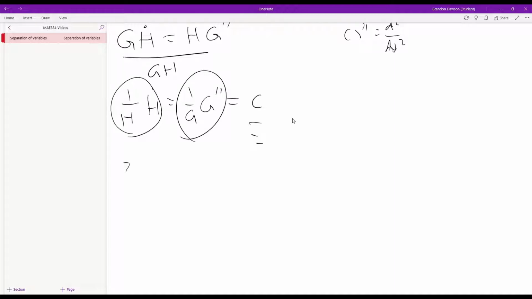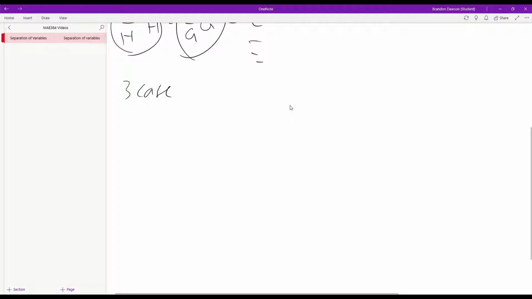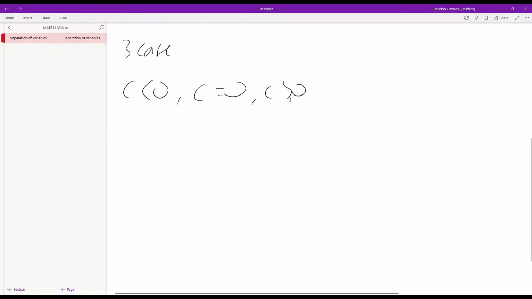So there are three cases that we're going to solve for. One is if c is less than 0, one if c is equal to 0, and one if c is greater than 0. We're going to start with the c greater than 0 case.